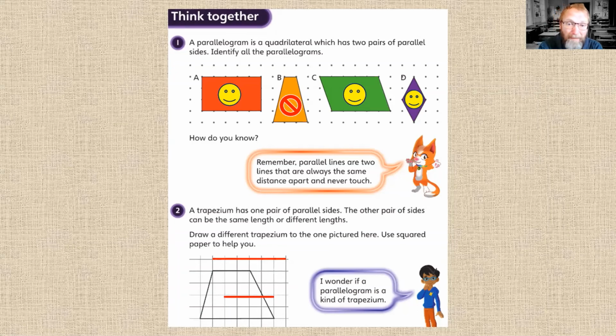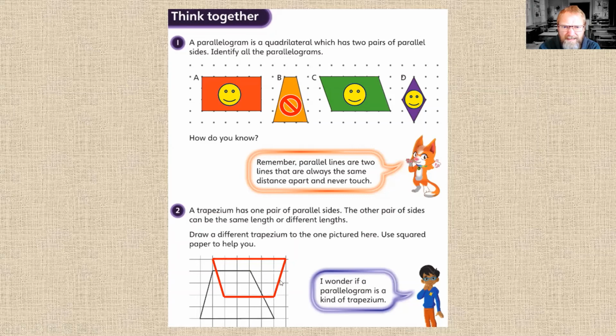Yes, they are parallel. They would never touch. Now, I'm going to fill in the sides. Will these new set of sides ever touch? Yes. If I carried on drawing them down, eventually they would meet in the middle. And if I carried on drawing them this way, they would get further and further apart.